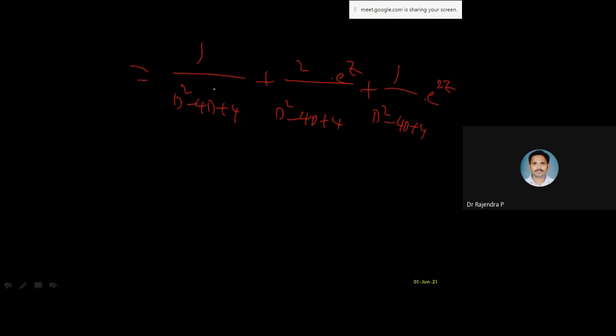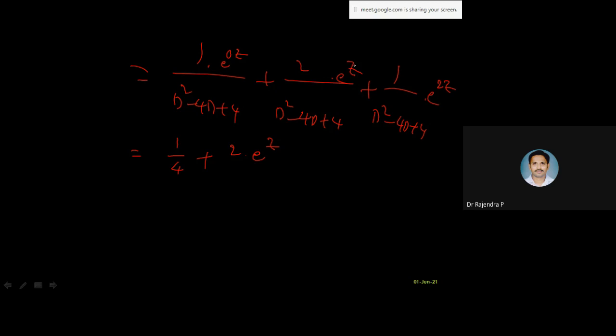Okay, I just multiplied 1 by 1. Here there is no exponential form, so I can write e power 0z. Now, when I substitute 0 here, I'm getting 1 by 4 into e power 0z, which is again 1. Then this is e power z, coefficient of z is 1. If I substitute 1 in the denominator, minus 4 plus 4 cancel, and I get 2 into e power z.